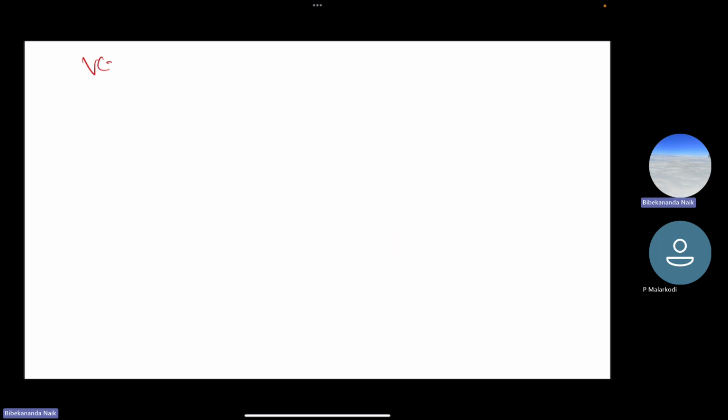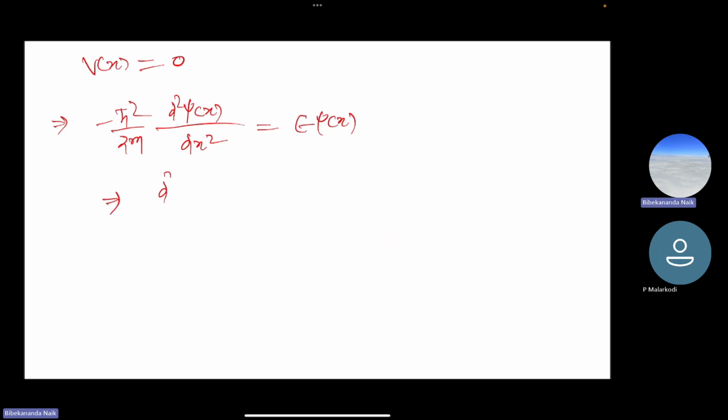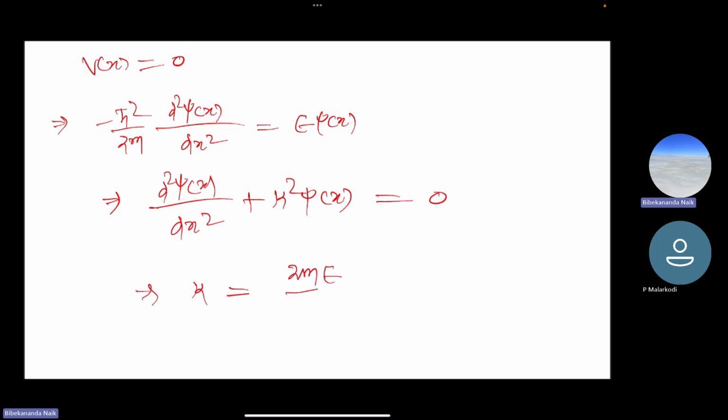But here V(x) equals 0, so the equation becomes minus h cross square by 2m d square psi(x) by dx square equals E psi(x). Written out, it is d square psi(x) by dx square plus k square psi(x) equals 0, where k is the square root of 2mE by h cross square.